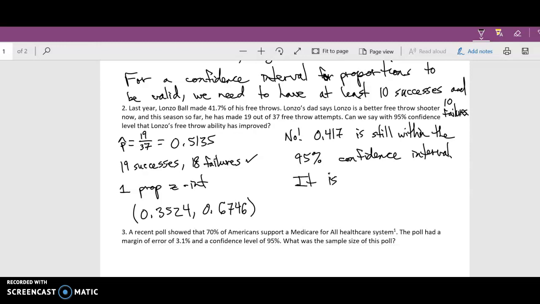It is possible he has improved, but we need more data. Okay. So, sure, he could have gotten better, but based off of this, this proportion, this 19 out of 37, that's not enough to say that he's better than he was last year.